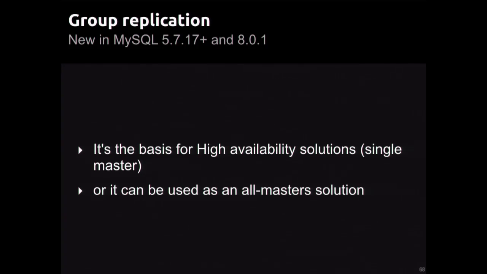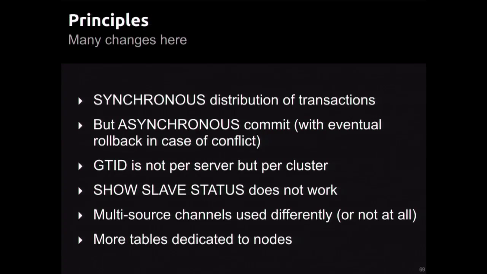So Oracle recommends to use it in the first way. So you use it with a single master, and then you use the tools for InnoDB cluster to run high availability. However, you can implement it in all masters, and there are a few things that work and some things that you need to be aware of.